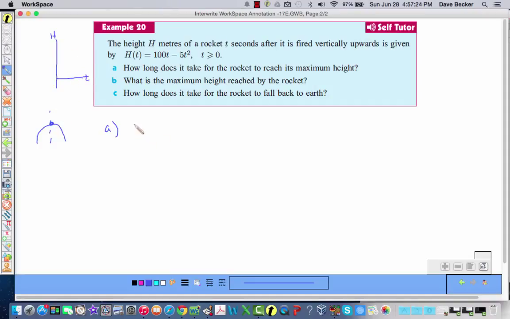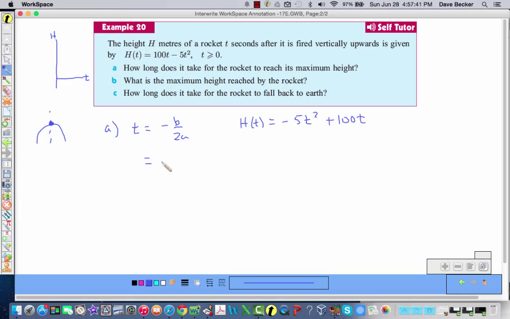So the t-coordinate of the maximum point, the vertex, is equal to negative b over 2a. Let's go ahead and rewrite h of t, just so we don't mess it up, as negative 5t squared plus 100t.